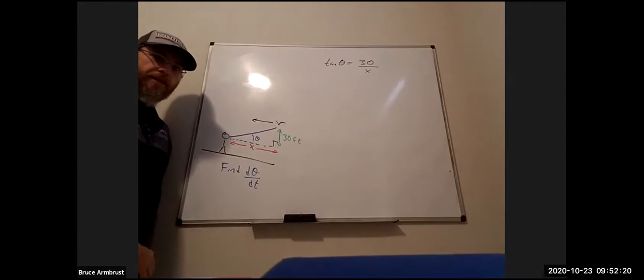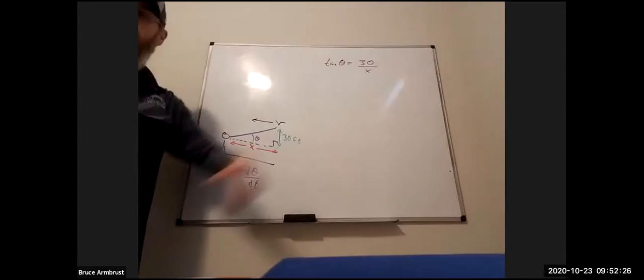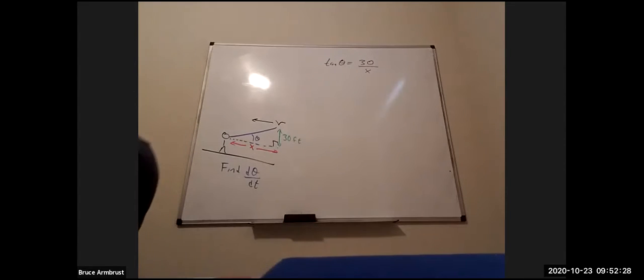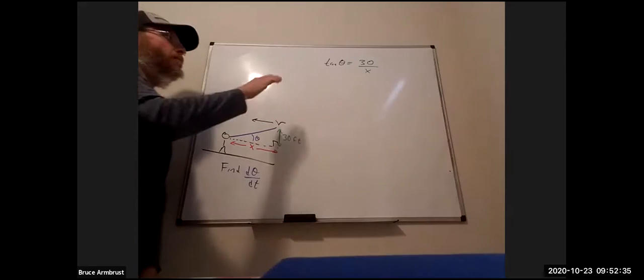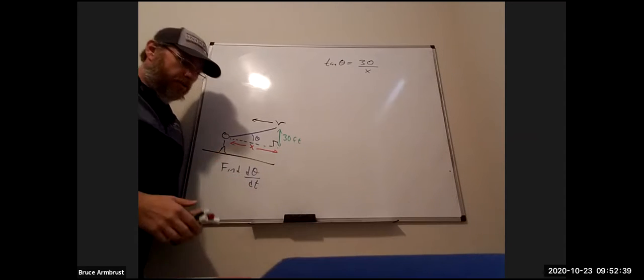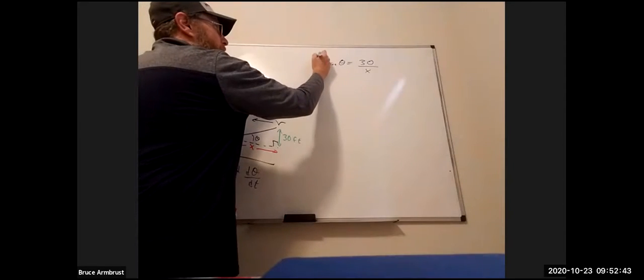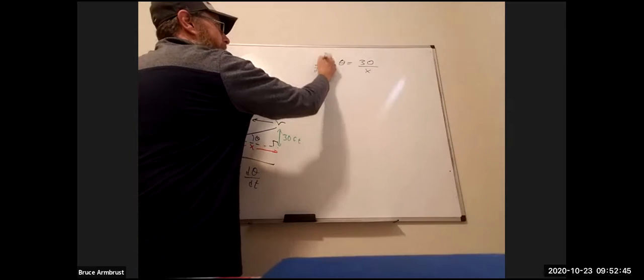That's d theta dt. All right, well, because I've got this relationship, I can now differentiate. So I'm going to take a derivative, both sides of this, with respect to t.